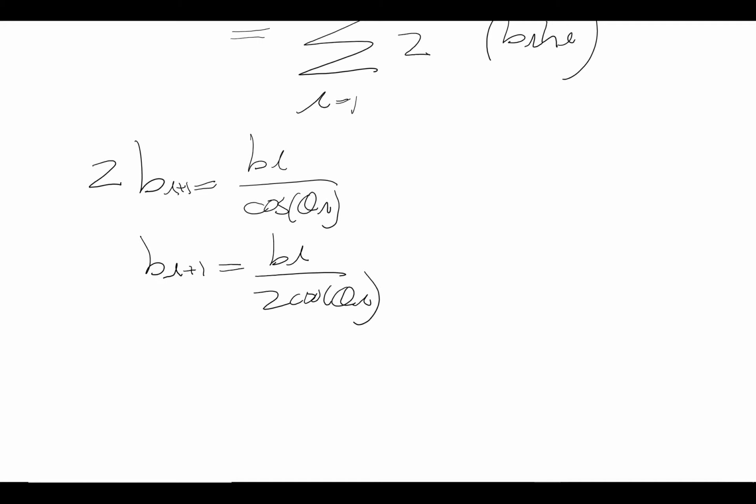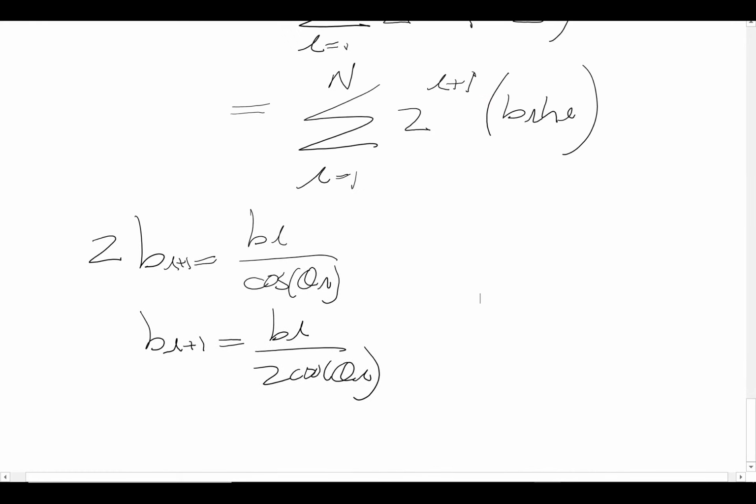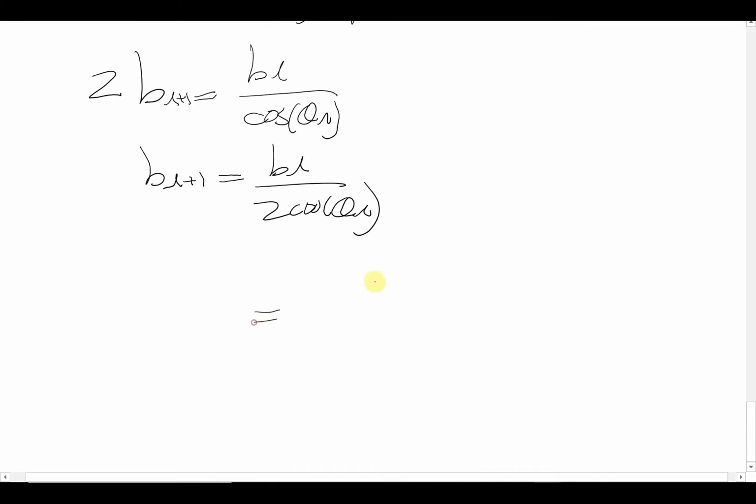So in this case, if we're going to constrain it to starting at 45, we can change the formula right here, and we can make it the integral of theta equals 45 over 2 to the i.